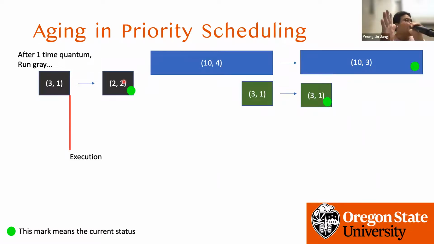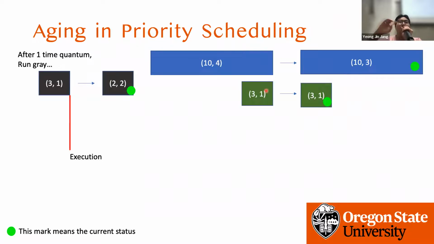At the same time, for the processes that were waiting in the queue, we will give a reward to them. We decrease the priority number to give them a higher chance of getting scheduled next time. Previously, the job length 10 job was priority 4, and now it could be 3.